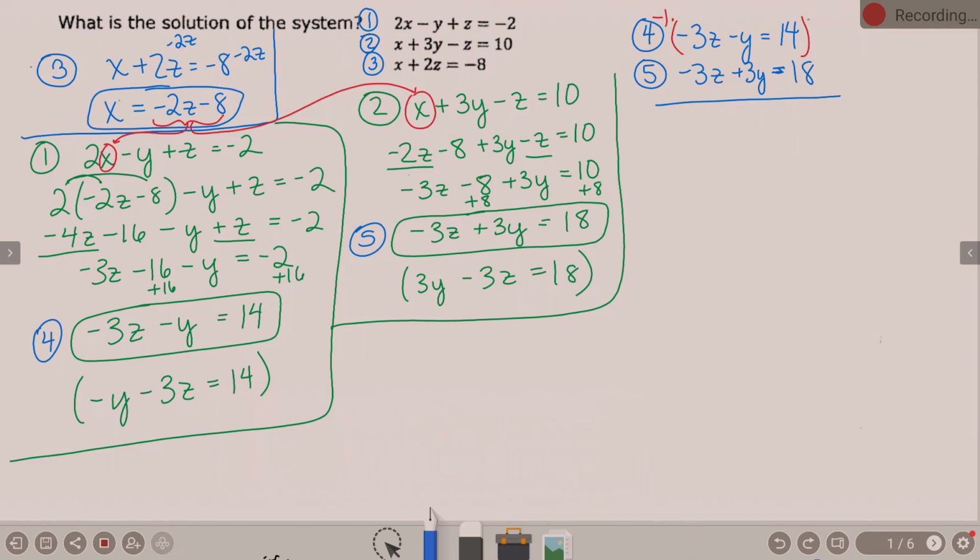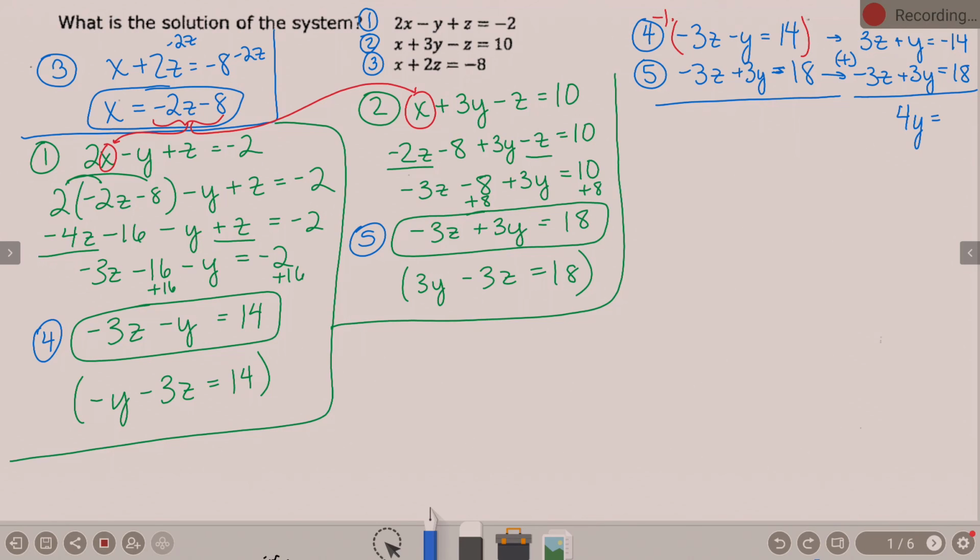So when I do that, this top equation becomes positive 3z plus y equals negative 14. Other equation carries over as negative 3z plus 3y equals 18. 3z's have opposite signs, add. 3z plus negative 3z, cancel. y plus 3y, 4y.